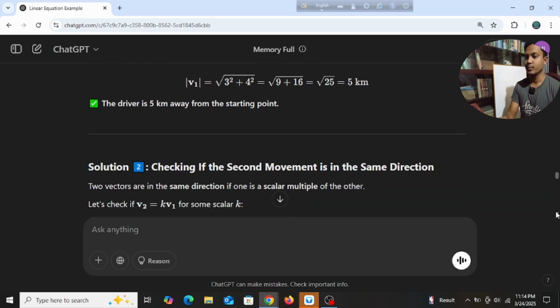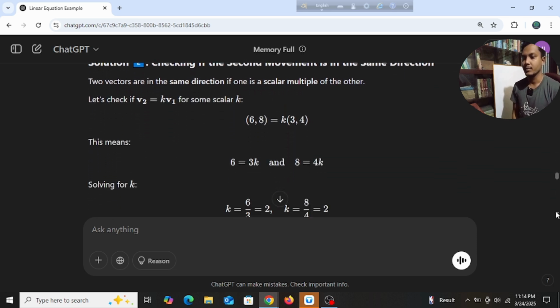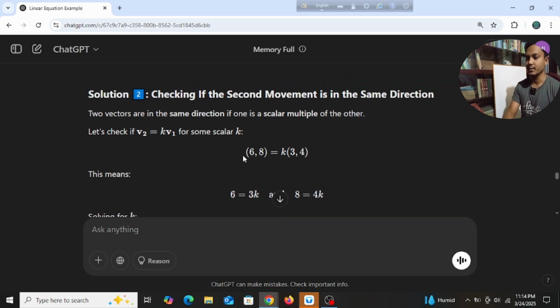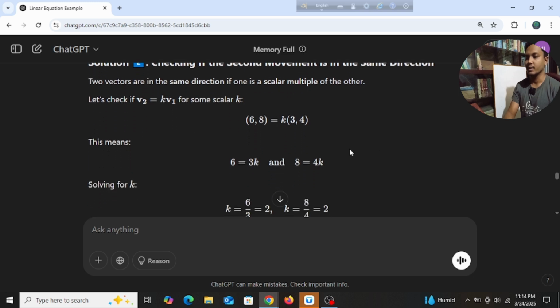Now checking whether the second movement is in the same direction. Two vectors are in the same direction if one is a scalar multiple of the other. So 6, 8 was our new point, and what we had is 3 and 4. If you multiply 3 by 2 we get 6, multiply 4 by 2 we get 8.